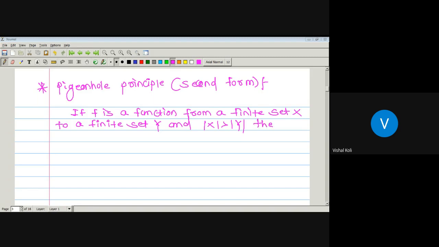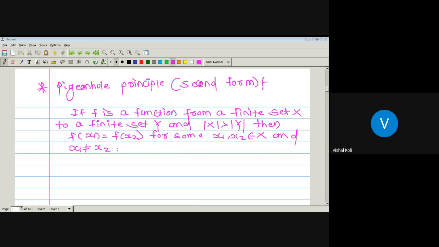Then f of x1 is equal to f of x2 for some x1, x2 belonging to capital X and x1 is not equal to x2.